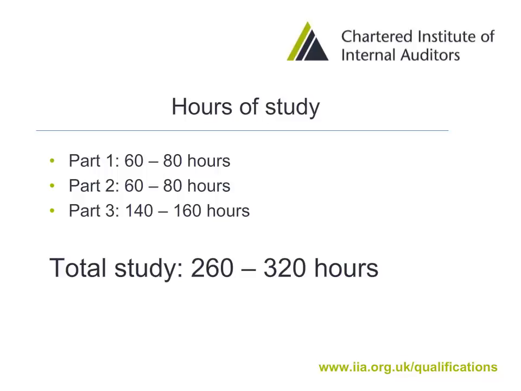But if forced to answer, I will answer this, that a student with a degree in a related discipline, accountancy or a business degree, and with 2 years experience within internal audit, would spend between 60 and 80 hours on each of part 1 and part 2, and then another 140 to 160 hours on part 3.